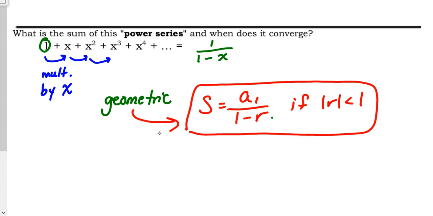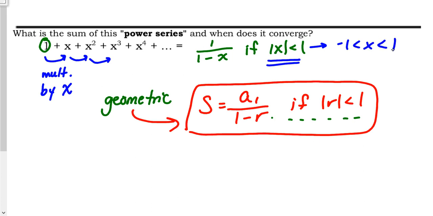And so I'm using that formula, and that is only going to be true if my ratio, which is x, is less than 1 in absolute value. An alternative way of saying this is to say that x has to be between -1 and 1.